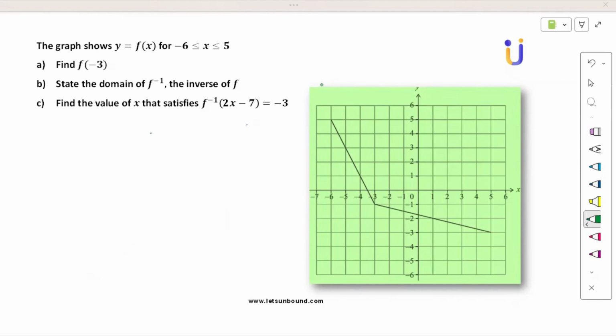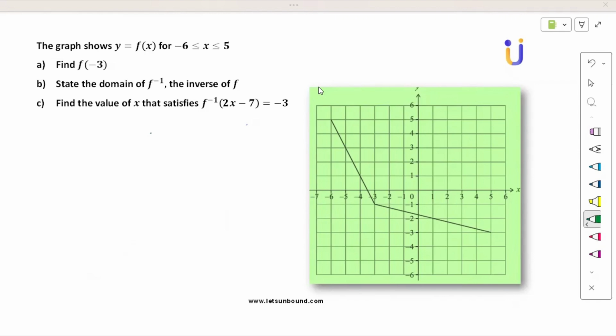The graph shows y equal to f of x for minus 6 less than or equal to x less than or equal to 5. Find f of minus 3. State the domain of f inverse, the inverse of f. Find the value of x that satisfies f inverse of 2x minus 7 equal to minus 3. So let's get started.